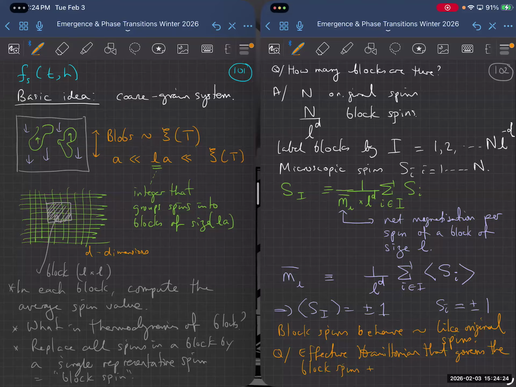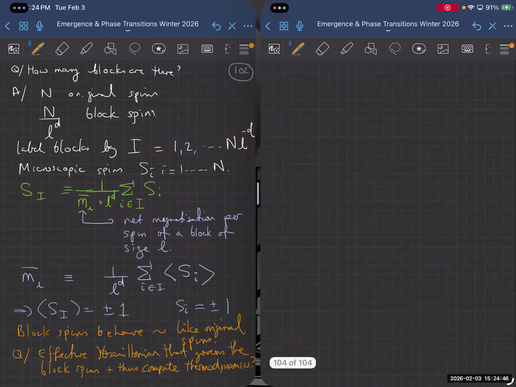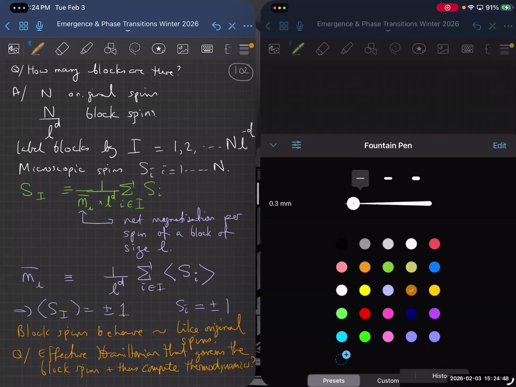If we know that effective Hamiltonian, then that should allow us to compute the thermodynamics. So that's the question that we want to ask, and we aren't going to be able to answer it directly. We're going to answer it by making a strong assumption.